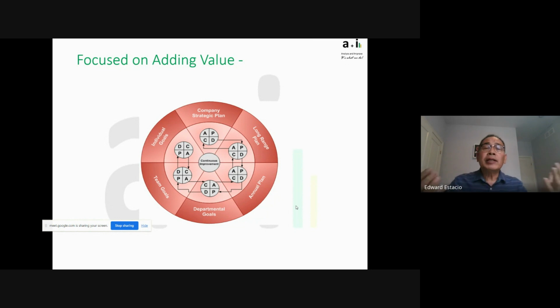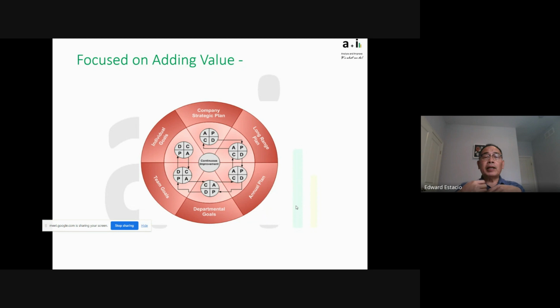It starts with, for example, if we're doing some planning on the company's strategic plan, where are we there? What is the plan, say a 5-year plan, 10-year plan, right? Then we go to the long range planning, which goes down to the annual plan, and we have to do the PDCA cycle on all of those.